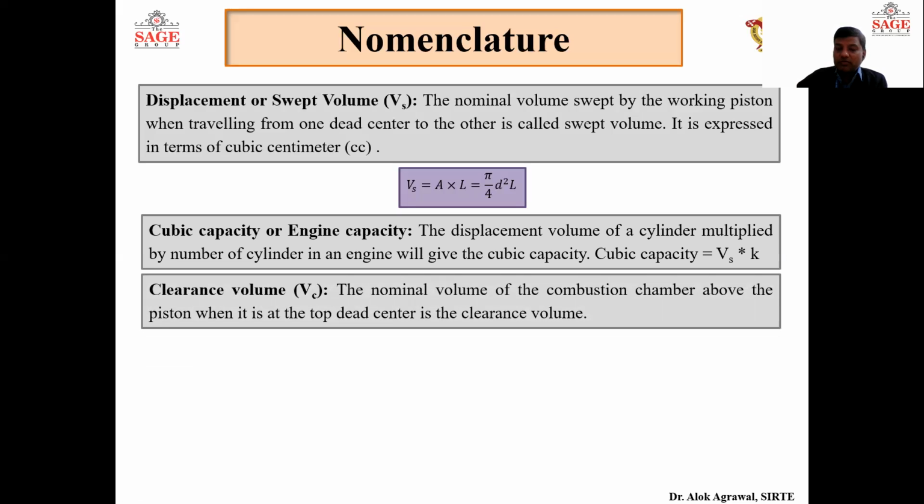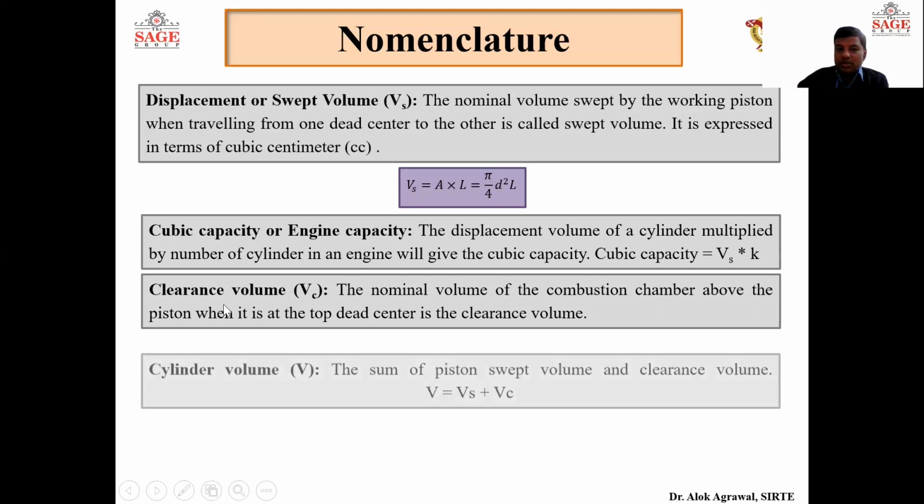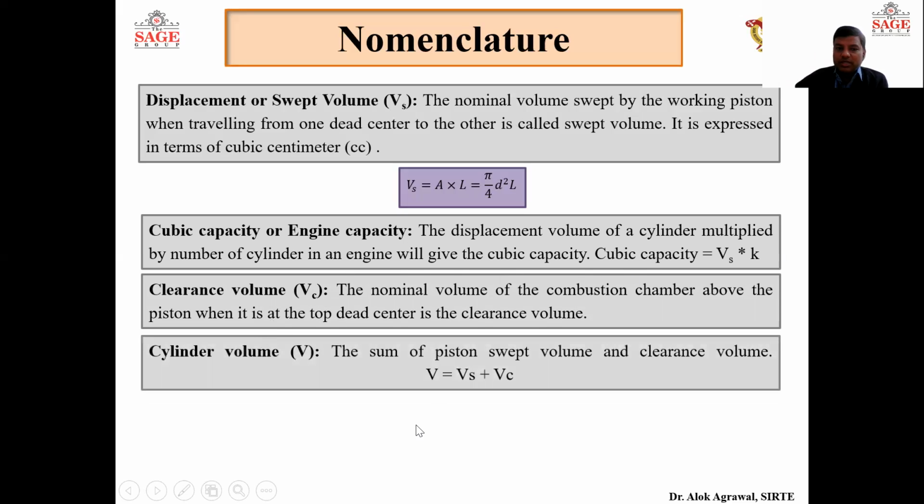Next is clearance volume. It is the volume that remains in the combustion chamber when the piston is at top dead center. When the piston reaches top dead center, some space is left between the cylinder head and the piston head, and that remaining space is called clearance volume. Now, cylinder volume is the total volume of the cylinder when the piston is at bottom dead center.